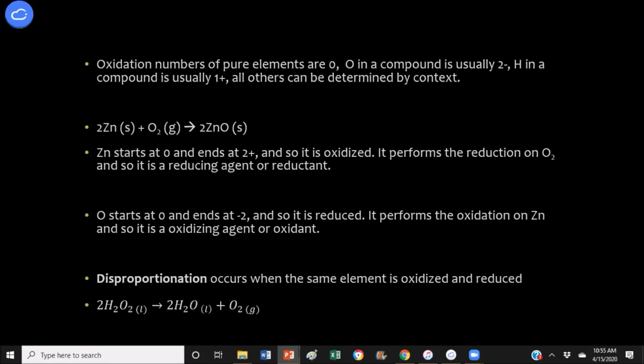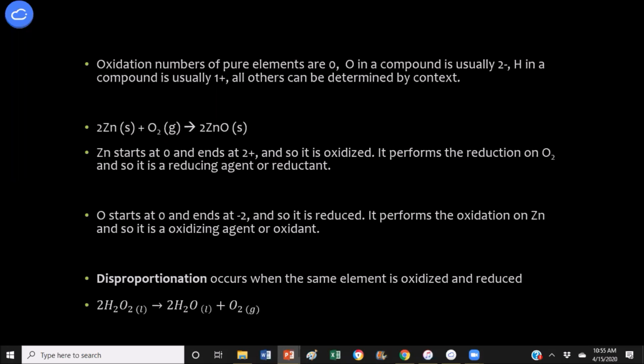So oftentimes we refer to that as a reducing agent. A reducing agent, because it's reducing something else as it itself is becoming oxidized. Now the oxygen is being reduced, so it's an oxidizing agent or an oxidant.